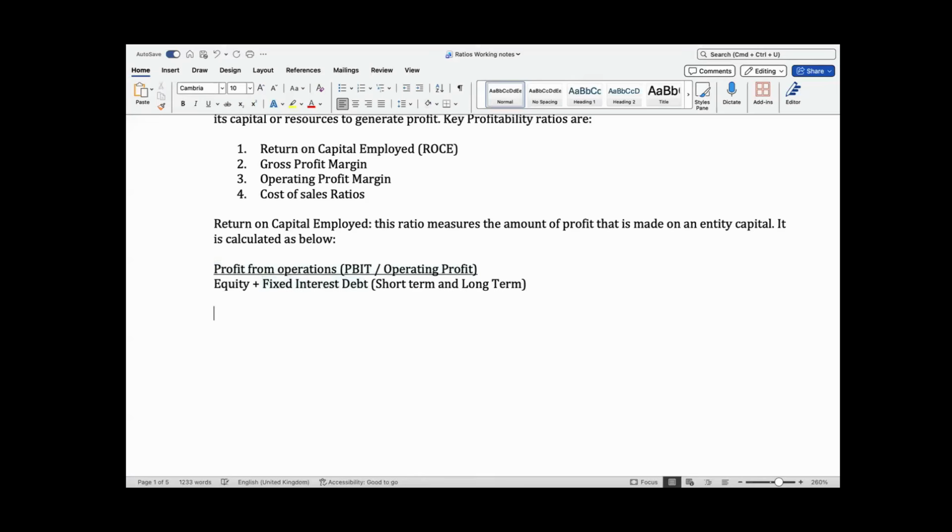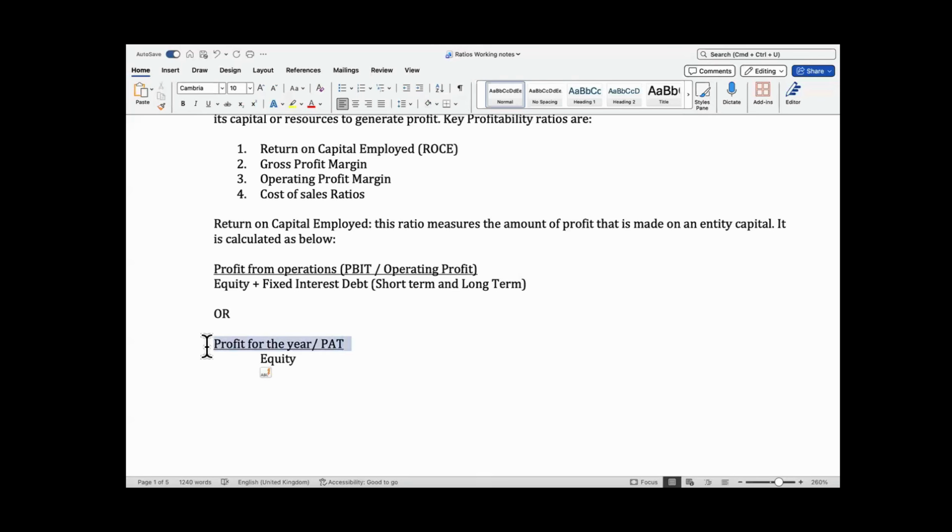If I had used profit for the year, what we call PAT, my capital employed must be equity.